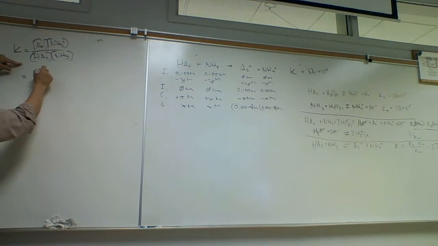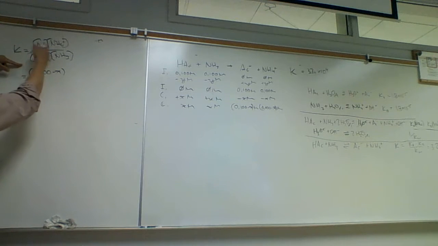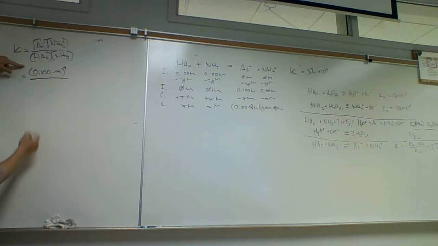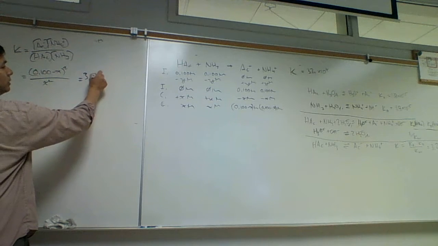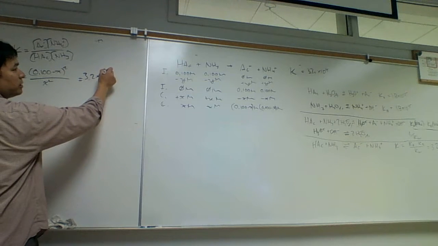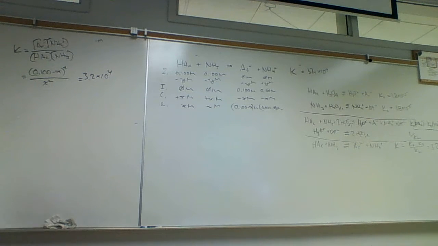And so I'm going to get 0.100 minus x, quantity squared on the top, and then x squared on the bottom. Well, this one turns out to be a quadratic, but it's an easier quadratic because we could just take the square root of both sides and then solve for x.